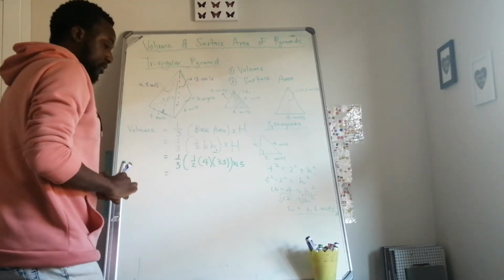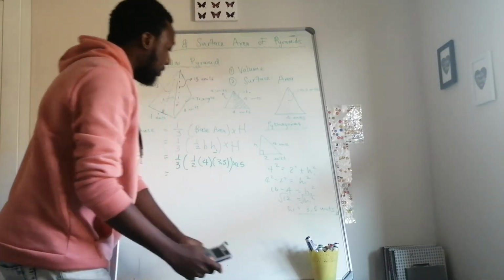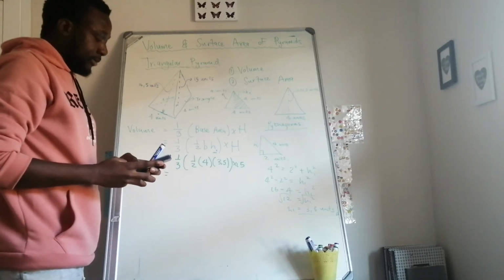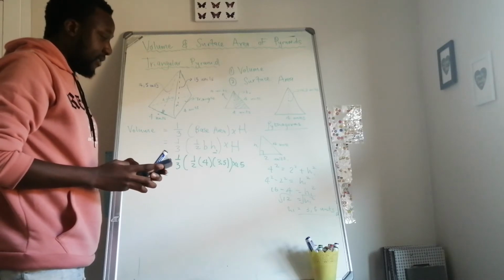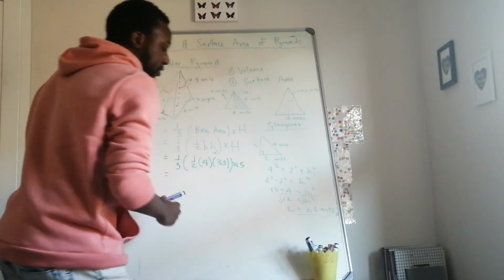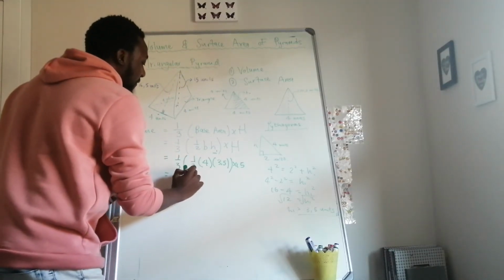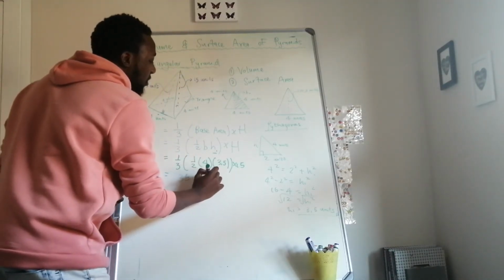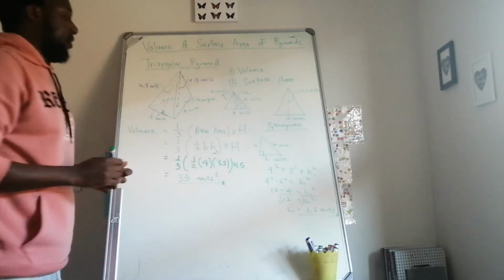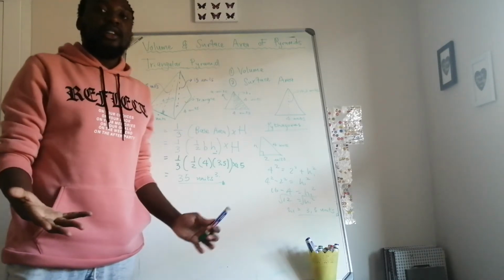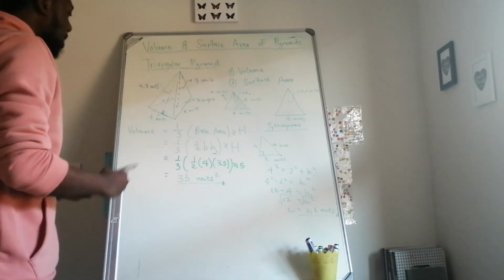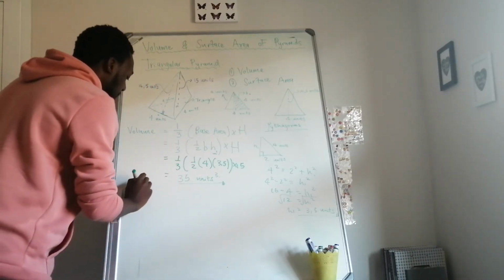You just multiply all of this in your calculator: a third, 3.5, 15. This gives us 35 units cubed. So that's how we calculate the volume of a triangular pyramid. Now how do we calculate surface area?